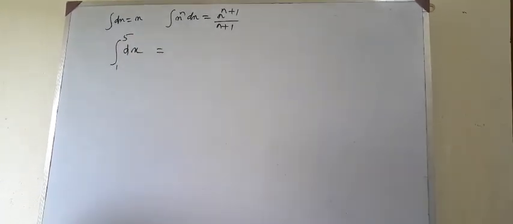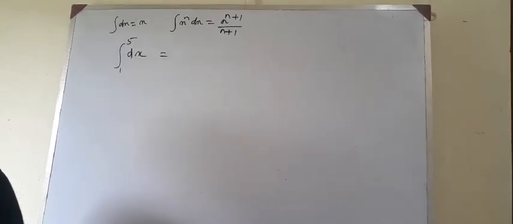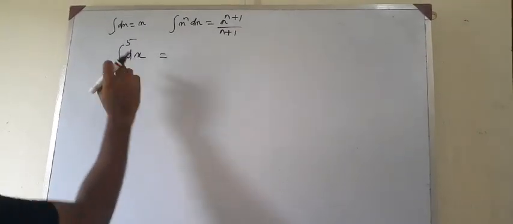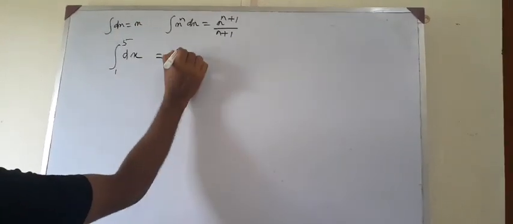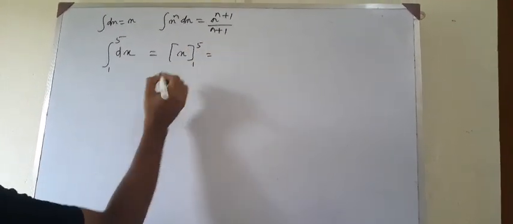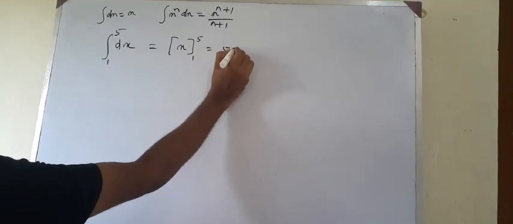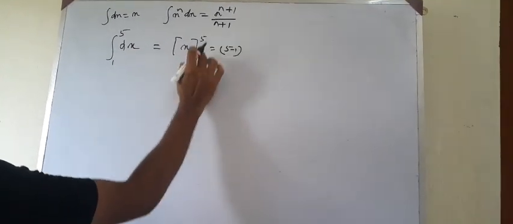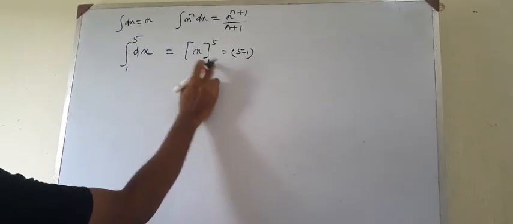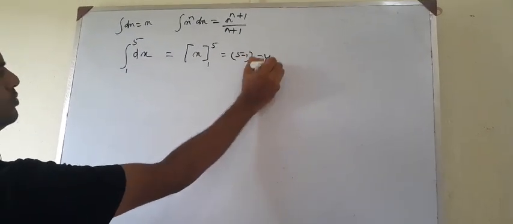So I am trying to add small portions of dx with itself between 1 and 5. The integration of dx is x, with lower limit 1 and upper limit 5. So it will be 5 minus 1: upper limit minus lower limit. x is the variable. First you put x as 5, minus, then you put x as 1. So the answer will be 4.